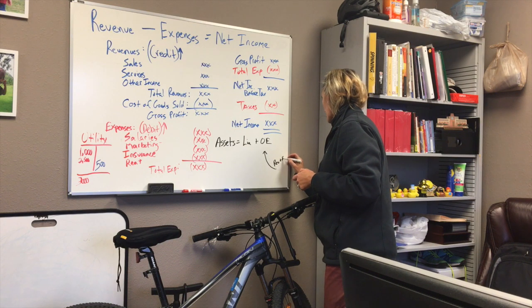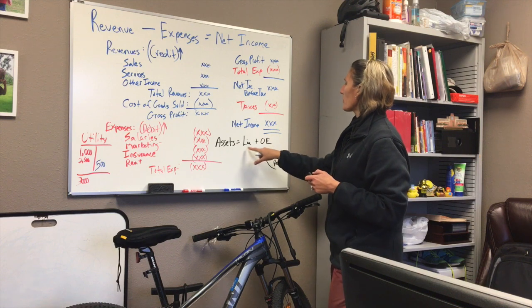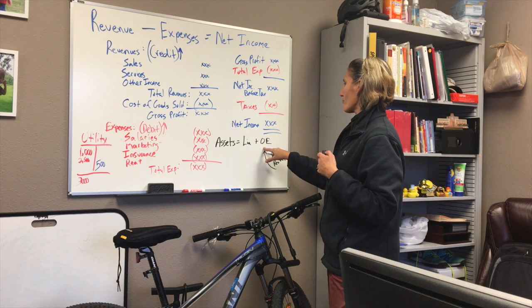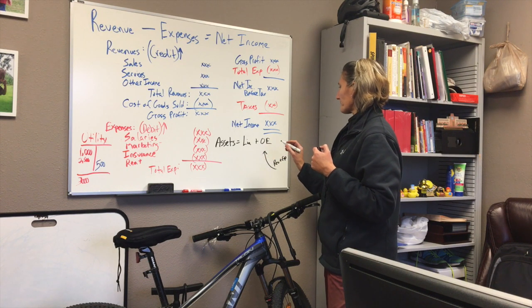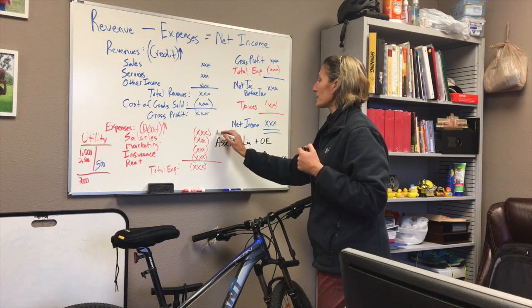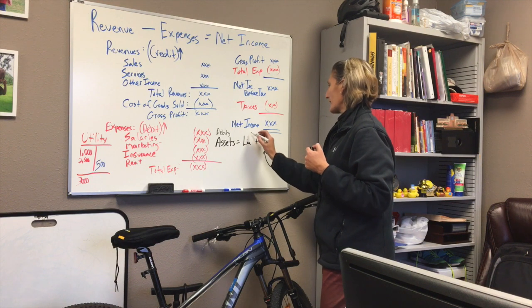Now, what normal balance is this side of the balance sheet? Assets were debits, and on the other side it's credits.